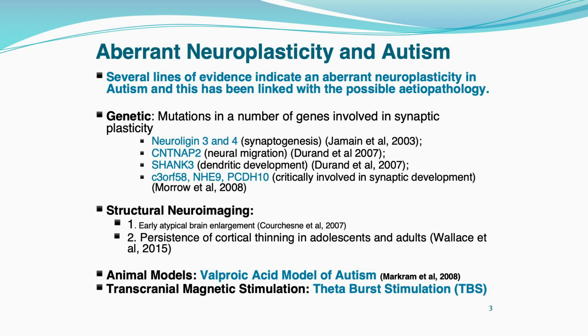Animal experiments give us a direction of neuroplasticity abnormality. When we're talking about abnormalities, there can be two types. Either neuroplasticity is completely deficient, which we call deficient neuroplasticity or hypoplasticity, or neuroplasticity is abnormally excessive, which we call hyperplasticity. There can be only two types of abnormalities.